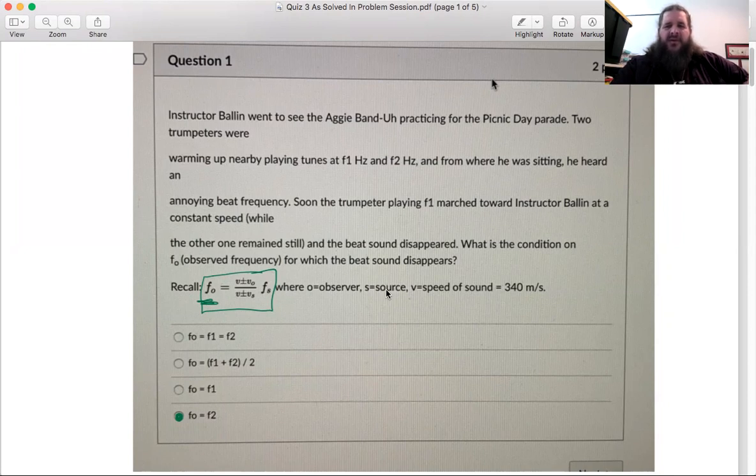So what has to be true in order to not hear beats at all? Yeah, you've got to be hearing the same frequency from both of them. Now, of course, these trumpets are not producing the same frequency. The two trumpets individually are still out of tune. But why would you hear the same frequency even though they're not producing the same frequency?